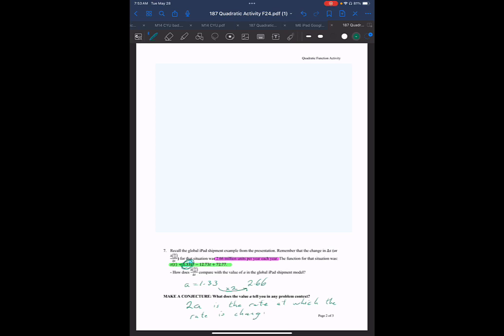So we saw that in our Arizona population problem, and we saw it in our iPad shipment problem, and we're making the conjecture that that will be the case. Indeed with the quadratic function, 2a, or the value of a doubled, is always the rate at which the rate is changing, and that's a constant value.